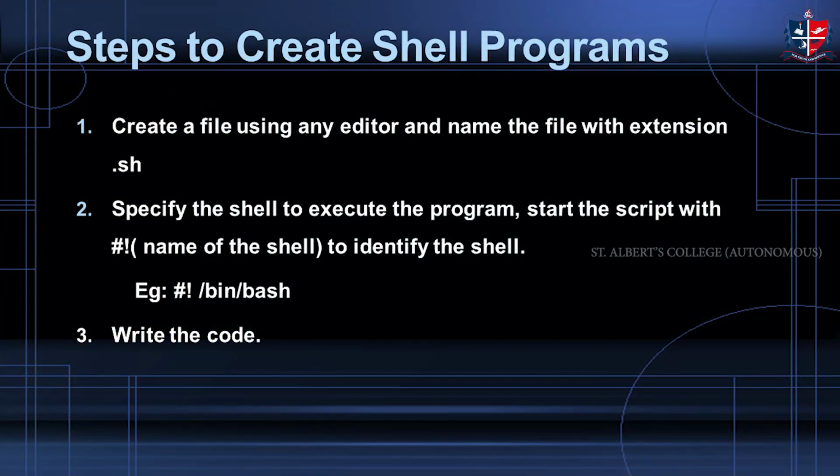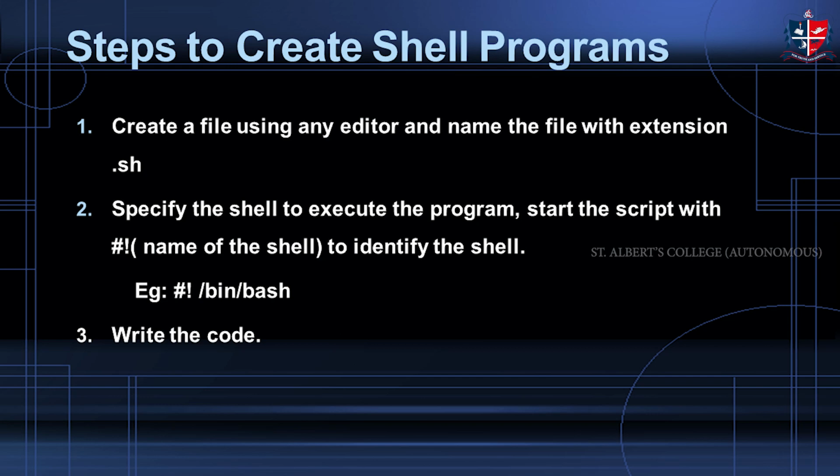Now the second step is to specify the shell. We have different types of shell in Linux, that is C shell, Bourne Again shell, TC shell, etc. So the second step is to specify the shell in which we want to execute our shell script.